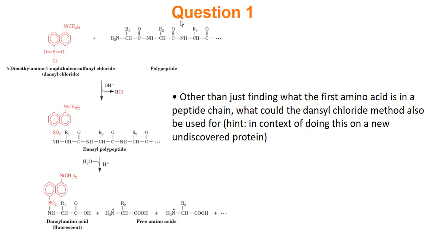This is one of those big brain questions. So if I have a test that's good at finding N-termini, and I have a new protein that I've never seen before, I might use this method on that protein. There are other methods that are more popular now, but I could use this method.